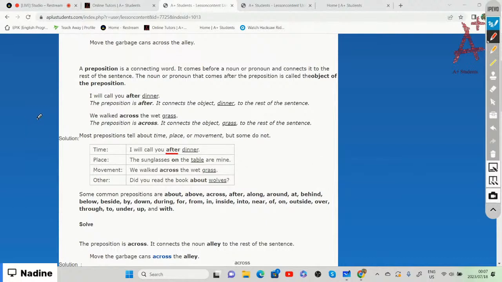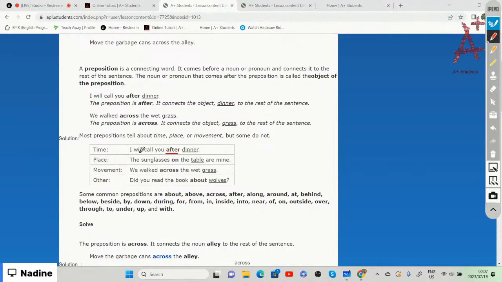Then place, the preposition of place. The sunglasses on the table are mine. Place is like asking yourself where. The answer doesn't have to be direct, like table or so on.